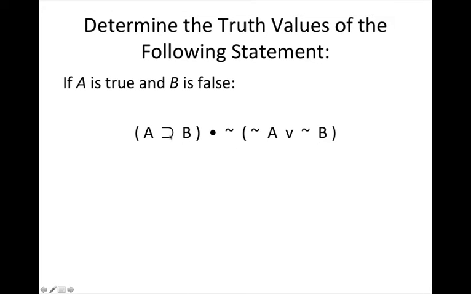And both give us good practice with our understandings of truth definitions for operators as well as main operators. So first, we're going to say that A is true and B is false.